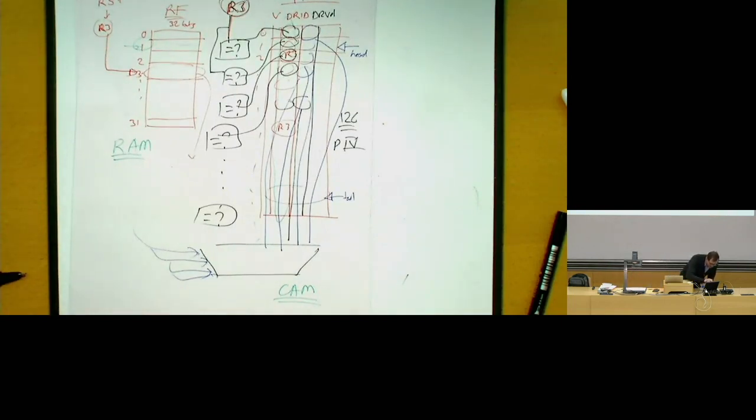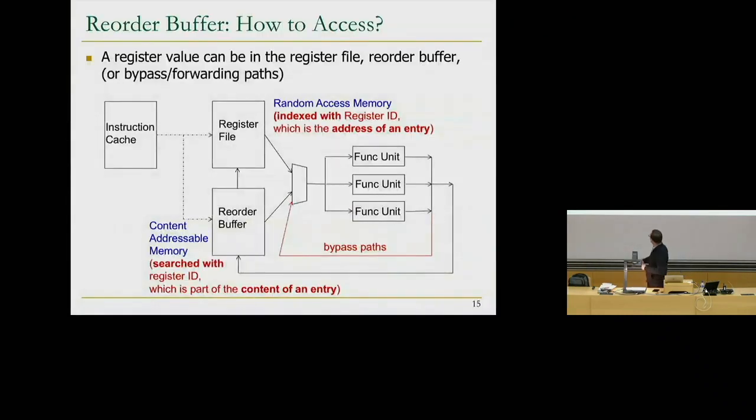Let me go back to wherever I need to go back to. And now, when an instruction is decoded, it needs to access the register file and the reorder buffer. And if R3, let's assume that you're looking for R3, is here, you get the value from the reorder buffer, because this is the youngest definition of R3, right?